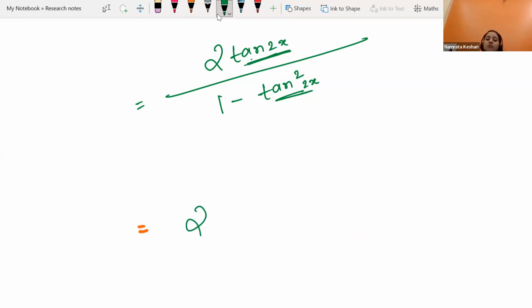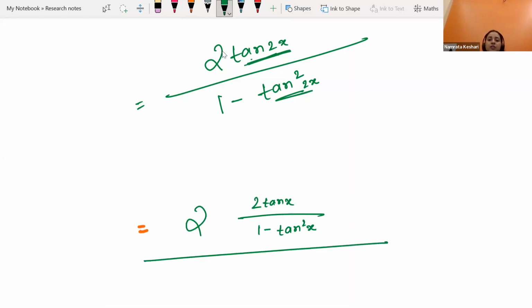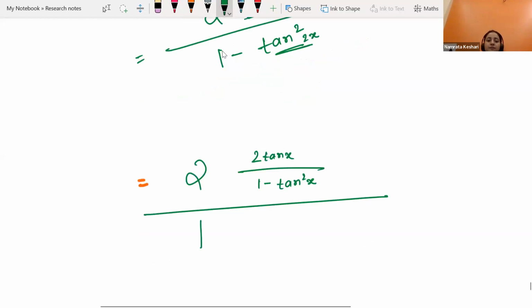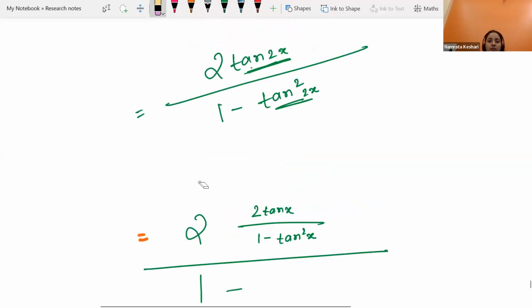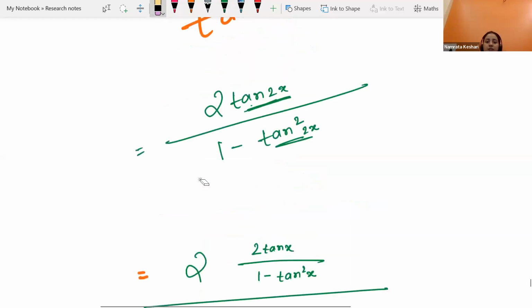We will use the formula 2 tan x by 1 minus tan square x. In the denominator, we will use the same formula for tan square 2x.